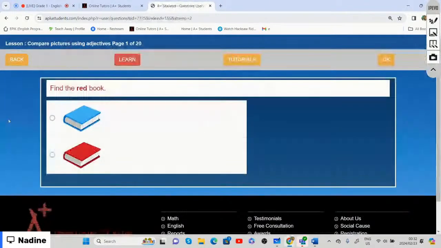All right, we need to find the red book. So find the red book. We're now describing the book. Which book is it? First book or the second book?